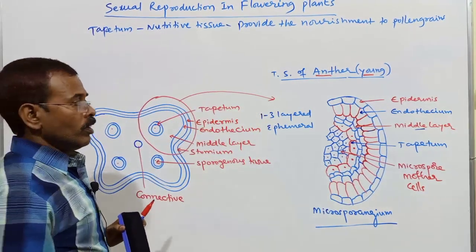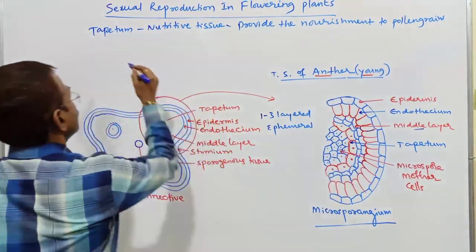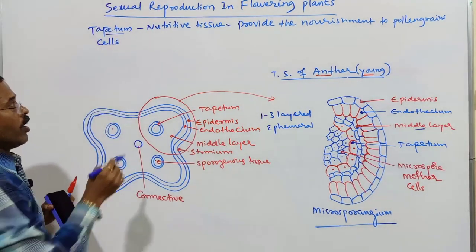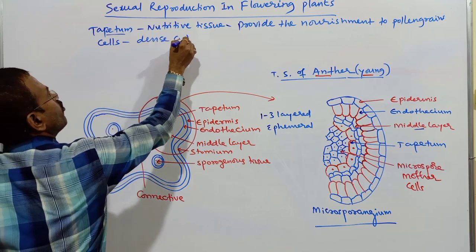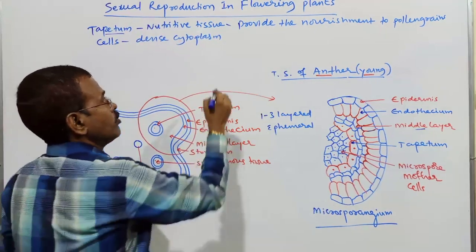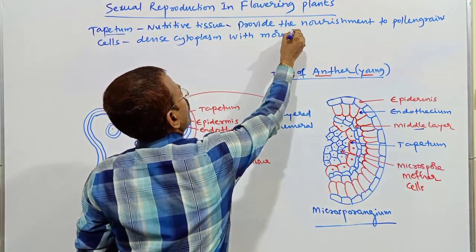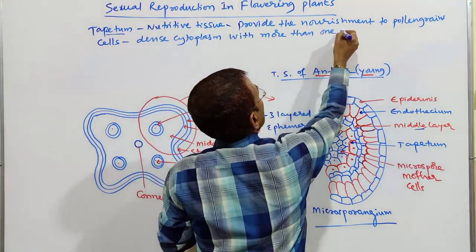Now, the tapetum cells have dense cytoplasm with more than one nucleus.